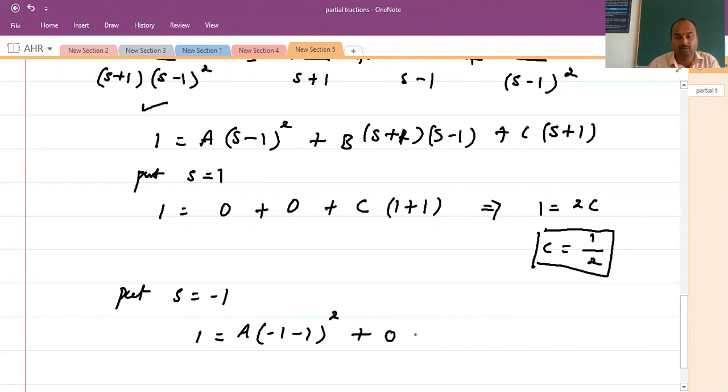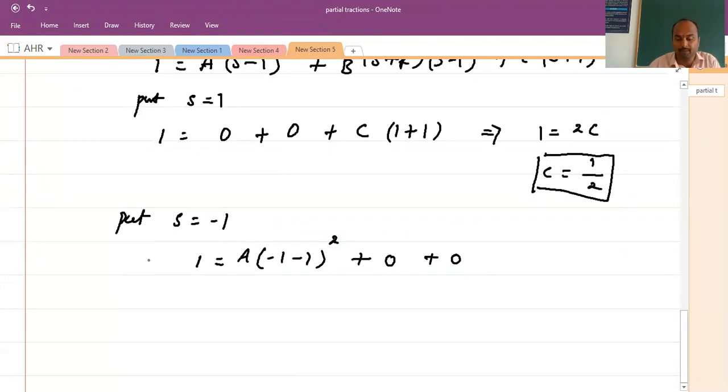The second term is 0, and the third term will also be 0. Now this is 1 into minus 1 minus 2 whole square, that is 4a, which implies a is 1 by 4.